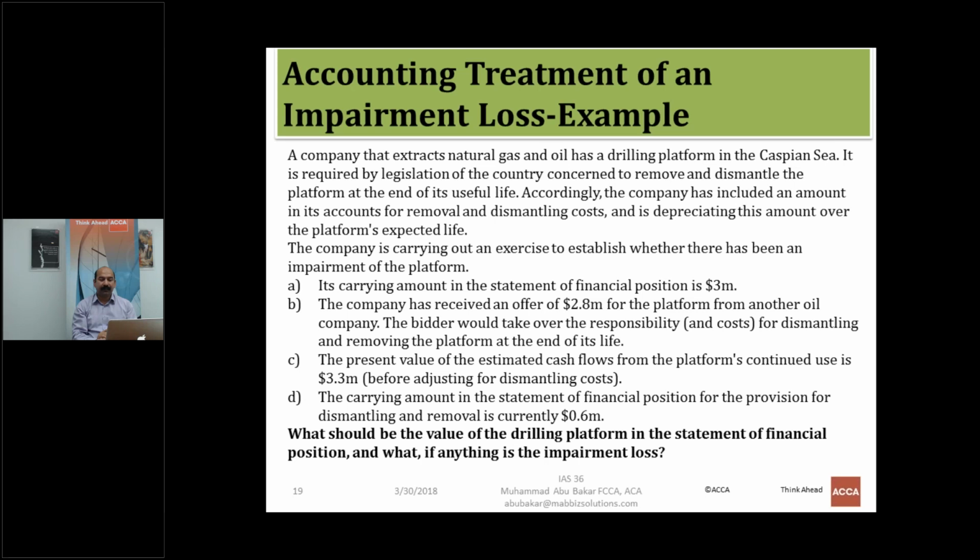The carrying amount in the statement of financial position for the provision for dismantling and removal is currently 0.6 million. What should be the value of the drilling platform in the statement of financial position, and what, if anything, is the impairment loss? Please do the calculations. Calculate the impairment loss.